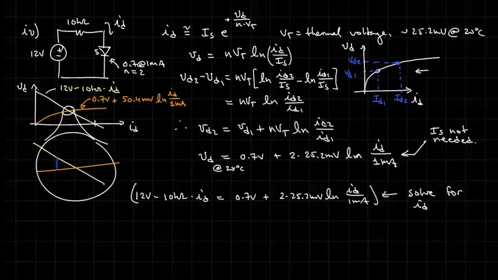All right, so what you want to do is iterate from steeper to shallower slope. In this case, the slope of the diode curve is shallower than the load line, so we want to iterate from the load line to the diode curve, which means we want to go counterclockwise.